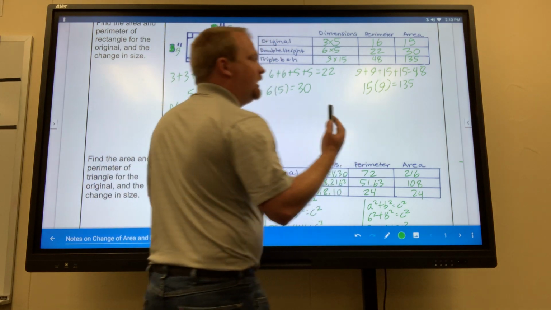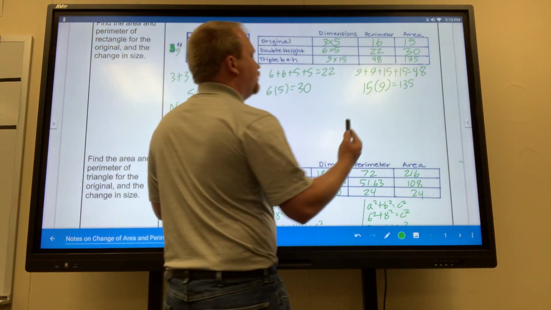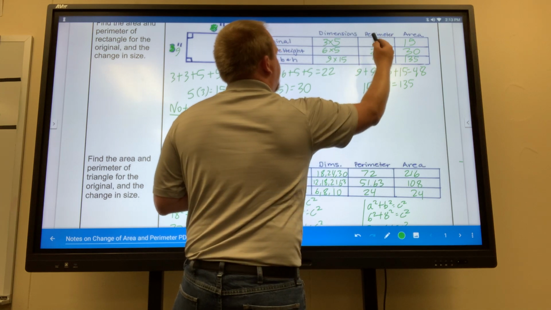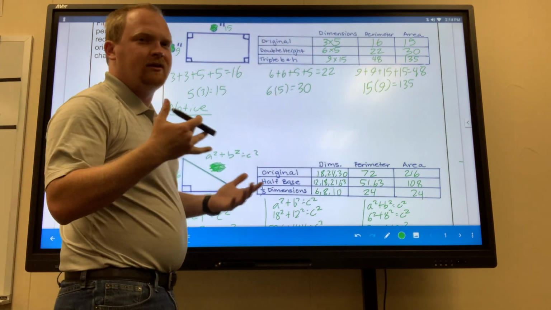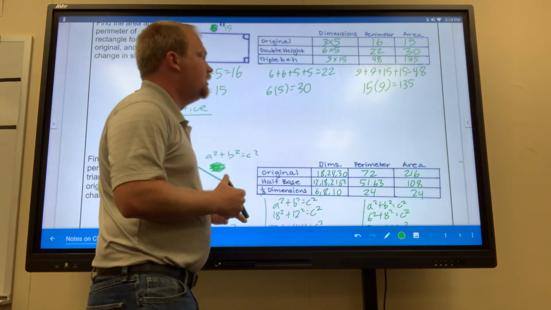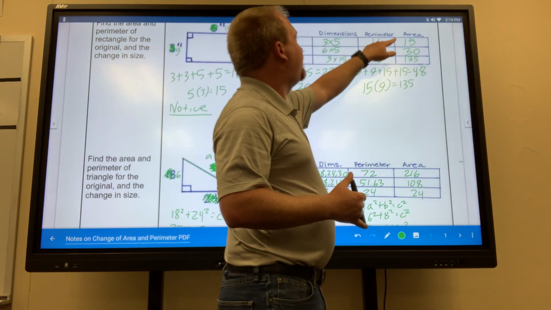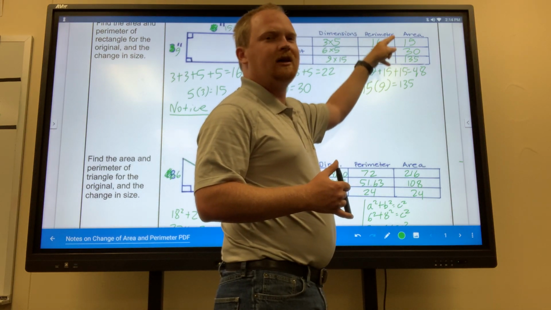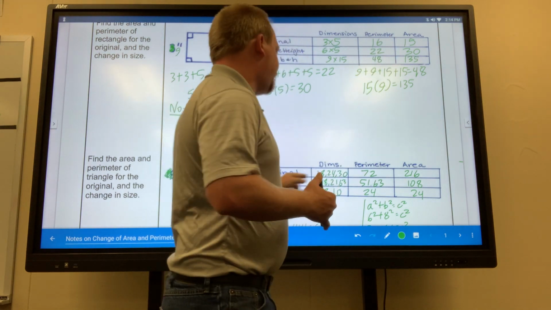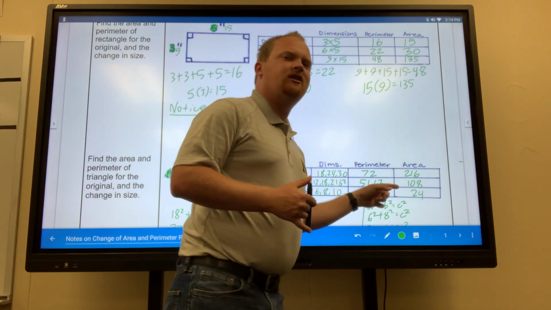There's not really any way to look at how I got from 16 to 22 and 72 to 51.63. There's not really a pattern to it. But if I double the height, that gives me 30, because if I double 15, that gives me 30. And if I take half of 216, that gives me 108.